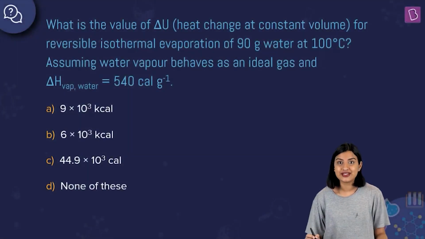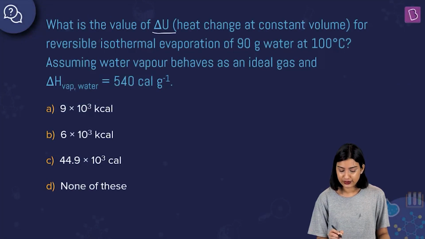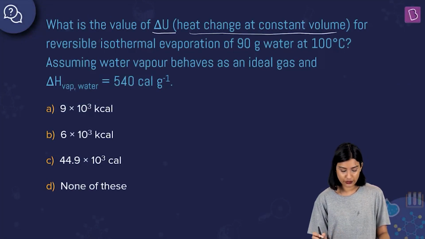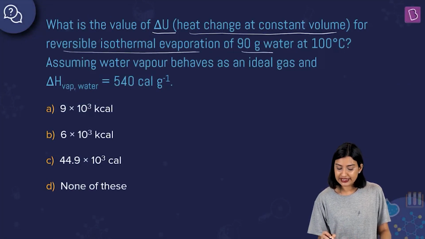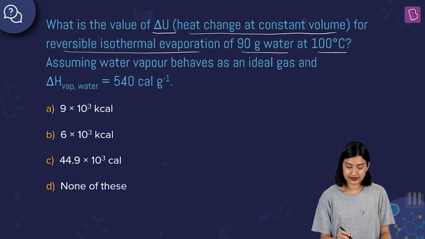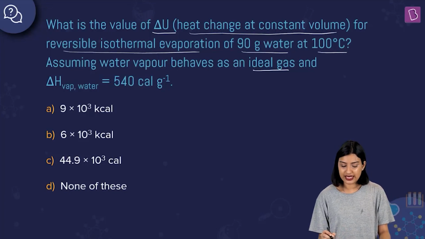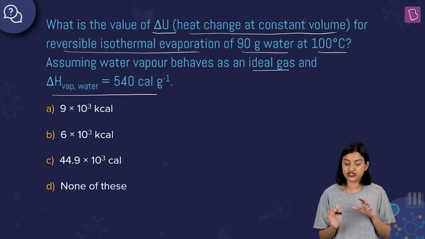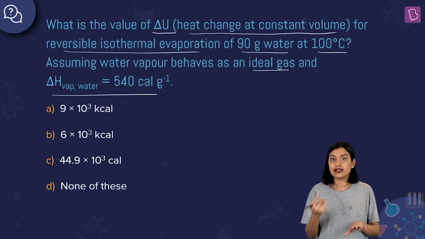Here they're asking what is the value of delta U, that is heat change at constant volume, for reversible isothermal vaporization of 90 gram water at 100 degrees Celsius, assuming water vapor behaves as an ideal gas and delta H of vaporization of water is 540 calories per gram.